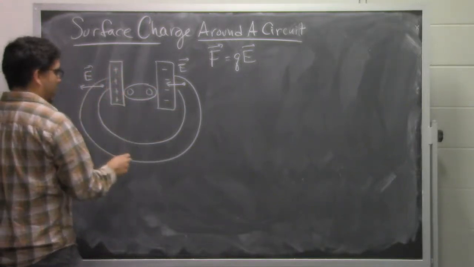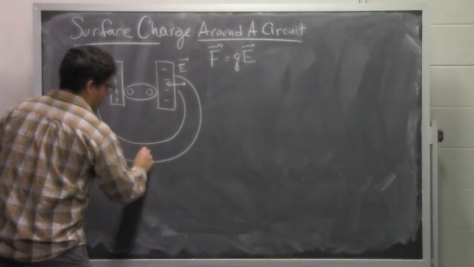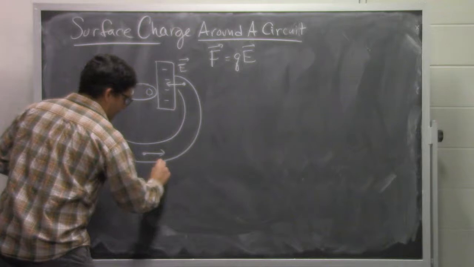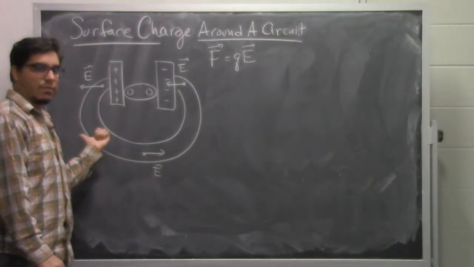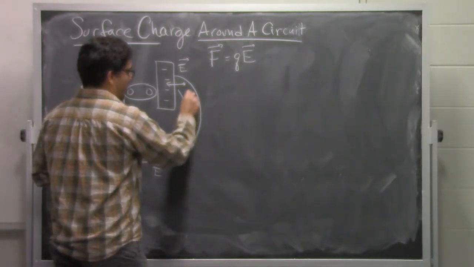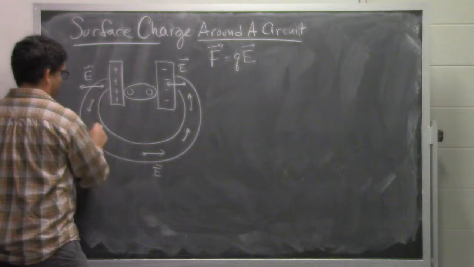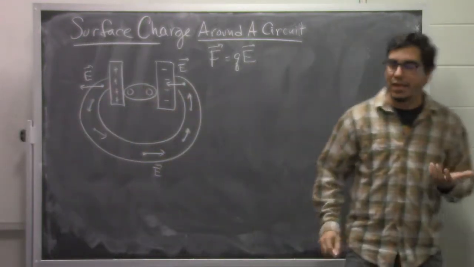So we probably would expect that the electric field is going to be pointing this way down here, because the force on those electrons is going to be to the left and push them up. If we keep tracking that around, we expect the electric field to actually point opposite the motion of the electrons. Now, how does that actually happen?